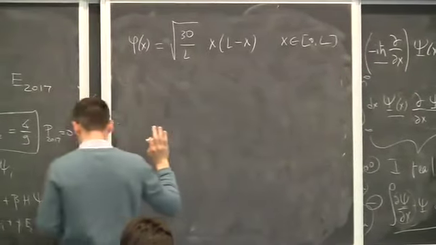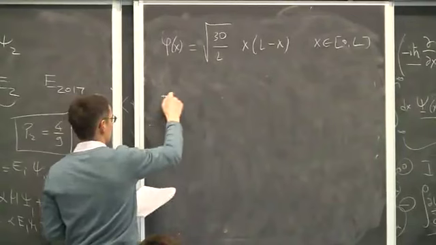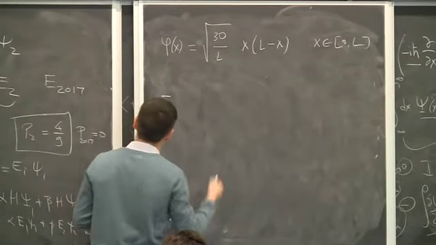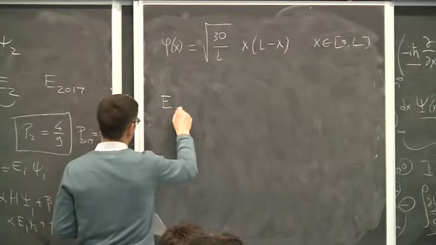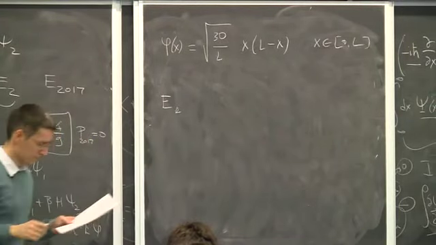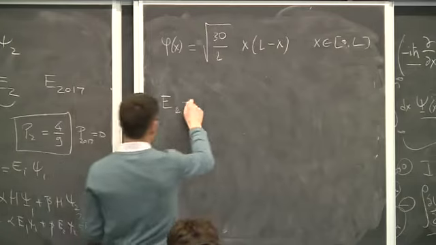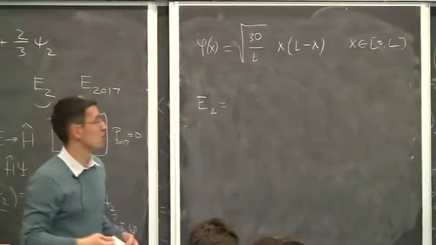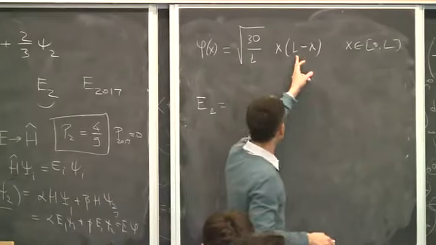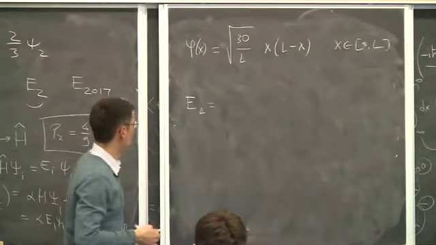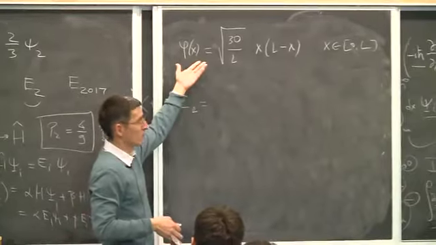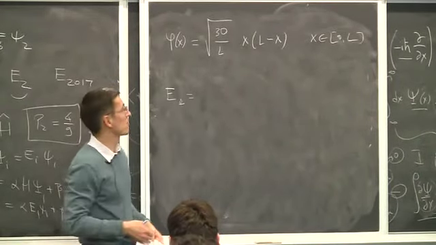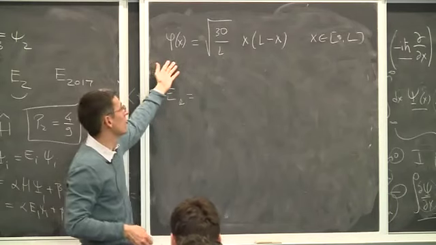And zero otherwise. The question is, what is the probability of getting E1, where E1 is the first eigenenergy of a particle in a box, where the length of the box is L, and the function that represents our system is this function, and we know that this function is not an eigenfunction.